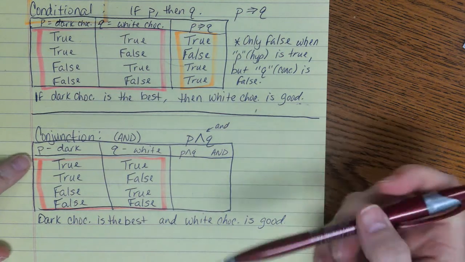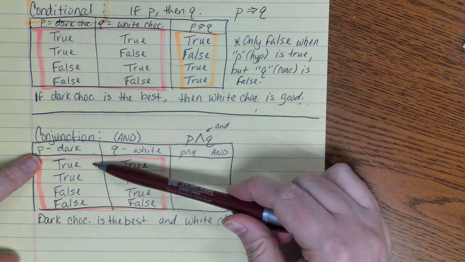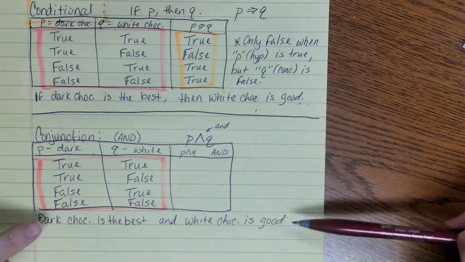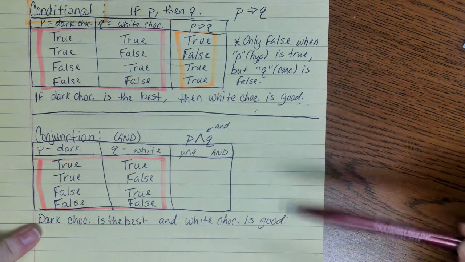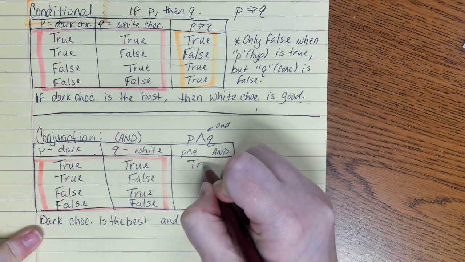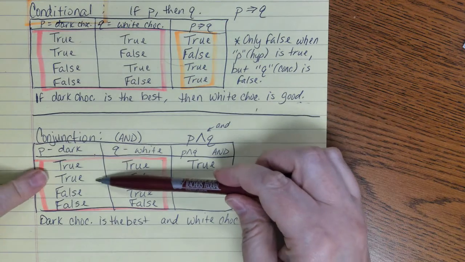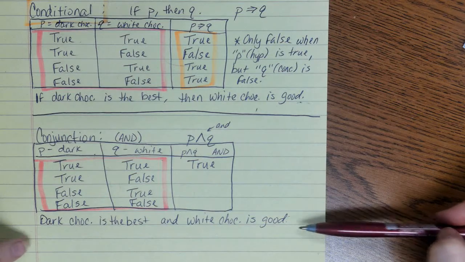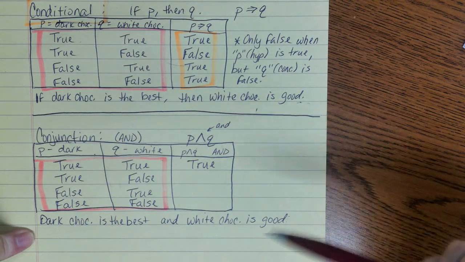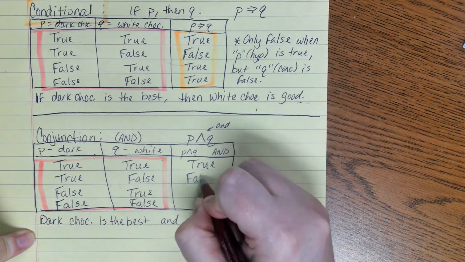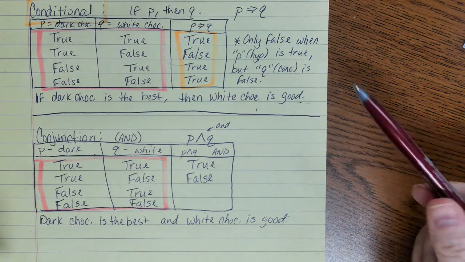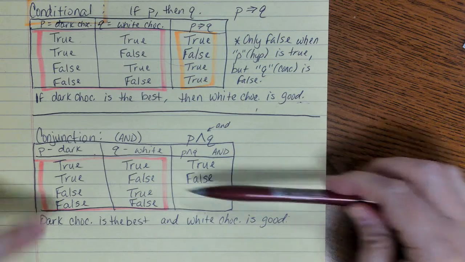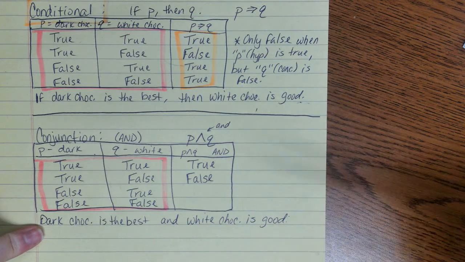Okay. So in this case, dark chocolate's best is true. White chocolate is good is true. So is this sentence true or false? It's true. Okay. Here, dark chocolate's the best, but white chocolate's not good. Is this true or false? False. Because what does and mean? Both of them. They both have to be. So here, dark chocolate's not the best, but white chocolate's good. Is it true or false sentence? False.